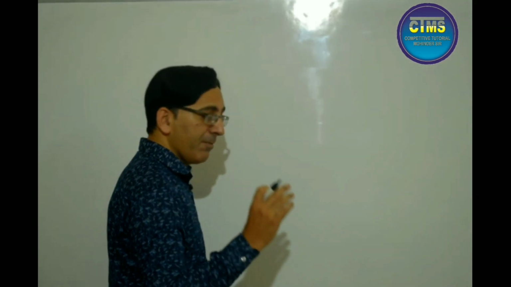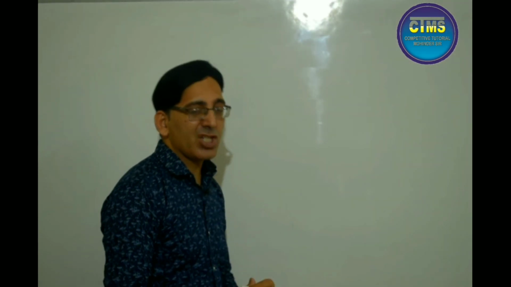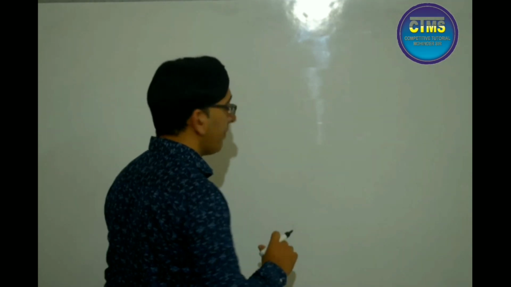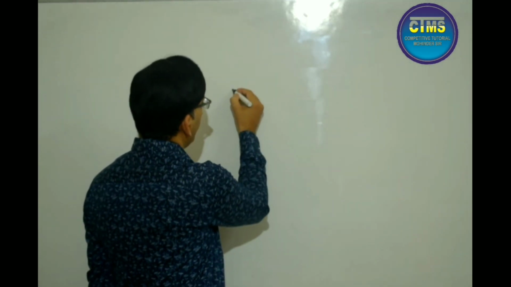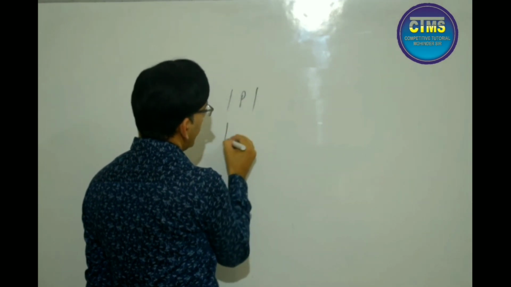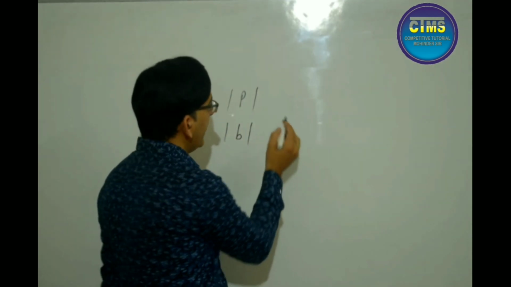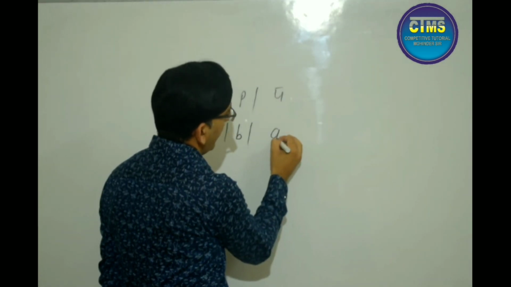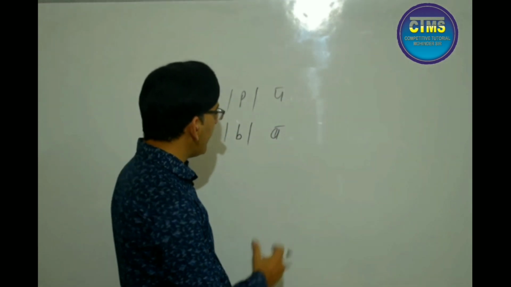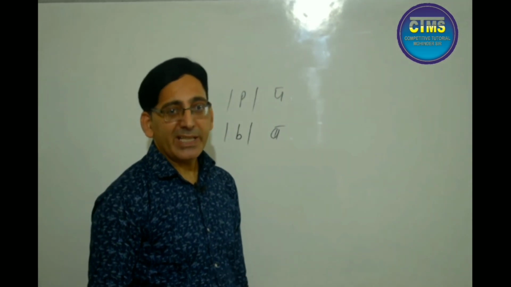In transcription, there are 8 pairs. The first pair that I want to discuss is p and b. In Hindi, it's the same pair. Side by side, I am also writing the Hindi equivalents.